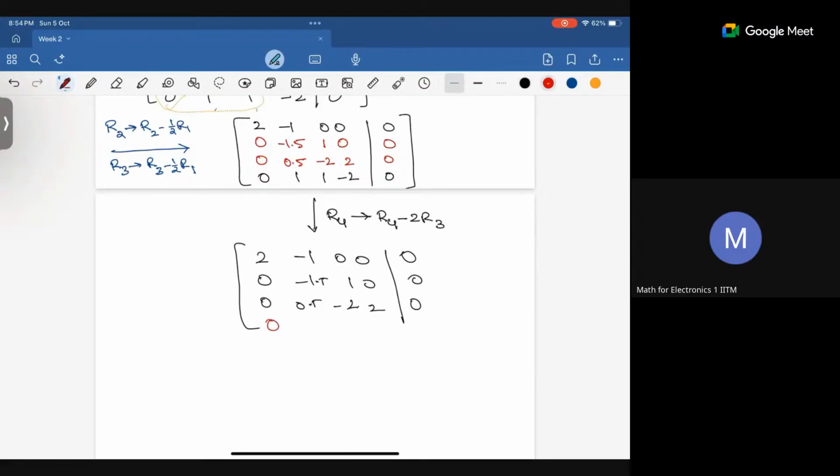So 0, 0, and then 1 minus 2 times 2. Right, so 1 minus 2 times minus 2, it is 1 plus 4, which gives us 5. Similarly, minus 2 minus 2 times 2. So minus 2 minus 4, it will give us minus 6. And this is 0.